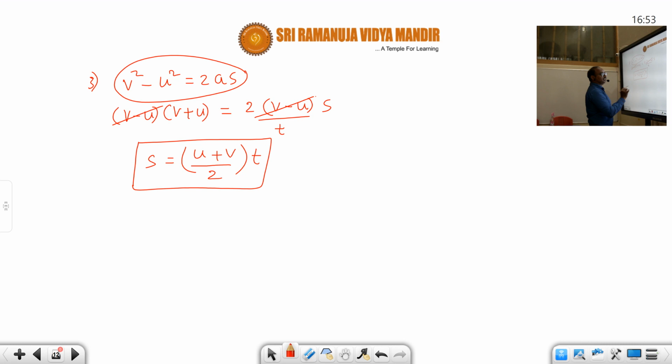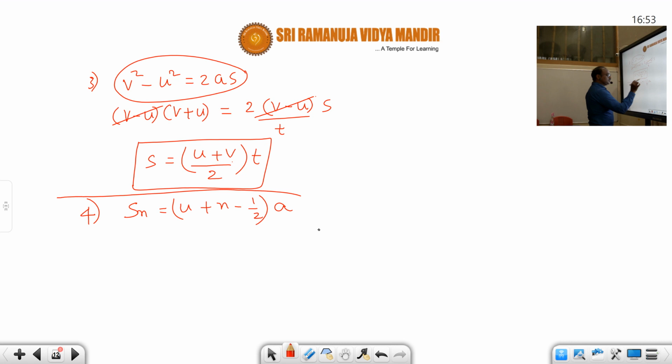Now coming to the fourth equation. The fourth equation is Sn equals u plus (n minus half) into a. This equation gives you the displacement.